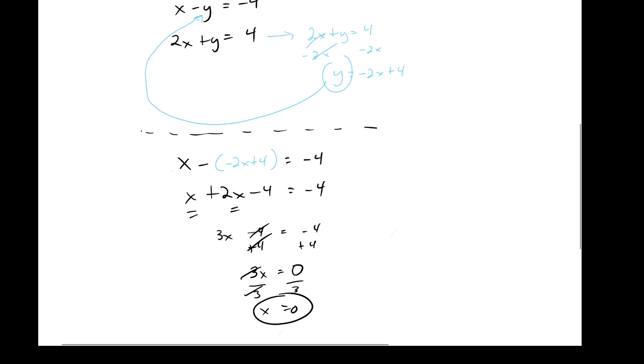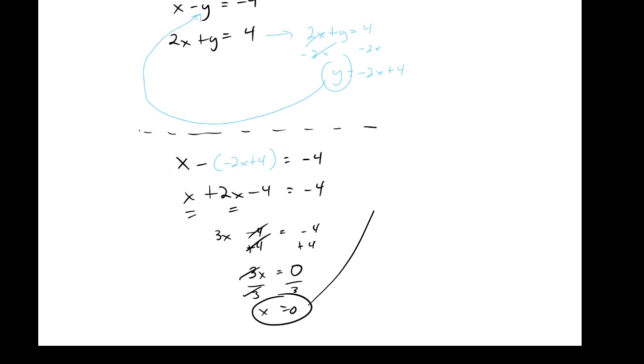Wonderful. So I'm going to go back here, take one of these original equations. Actually, I'm going to take that one that I had engineered up here, where now I have y equal to negative 2 times that 0 plus 4. So y is equal to 0 plus 4, right? 0 times anything is just going to be 0, so y is equal to 4. Great.